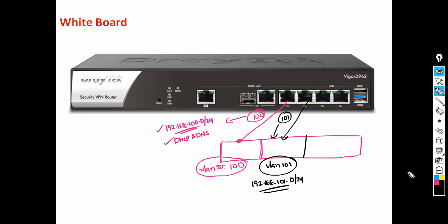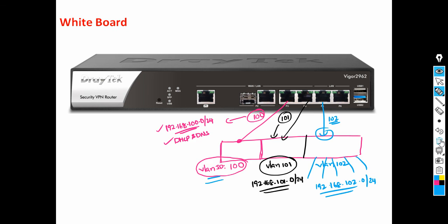Similarly, let's say you created one more VLAN 102, and keep the port into 102, and whoever wants to belong to 102, assign those ports into 102. Then they are going to get the IP address from 102.0 network. Clear guys?